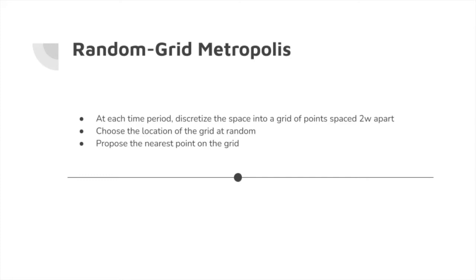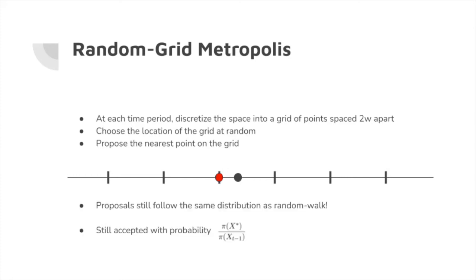Here's a bit of a visual representation of that idea. We have here the current state and the state space. We choose a location for the grid. We populate the grid to have a distance of 2w between points. And we pick the nearest point on the grid to the current state to be our proposal. So this has the really nice property that the proposals actually still follow the same distribution as for random walk.